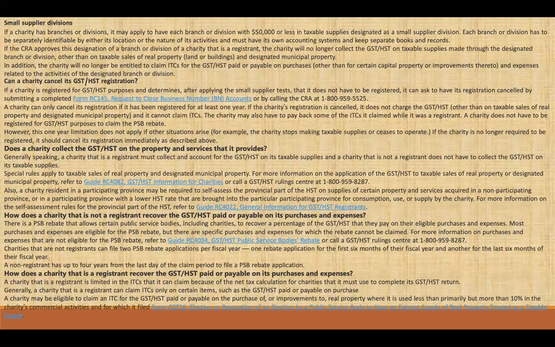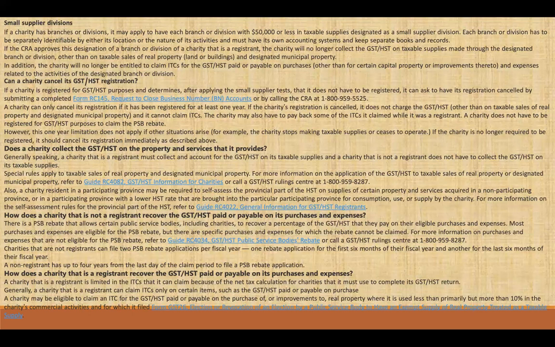So how does a charity that is a registrant recover the GST and HST paid or payable on its purchases and expenses? A charity that is a registrant is limited in the ITC, the input tax credit, that it can claim because of the net tax calculation for charities that it must use to complete its GST return.